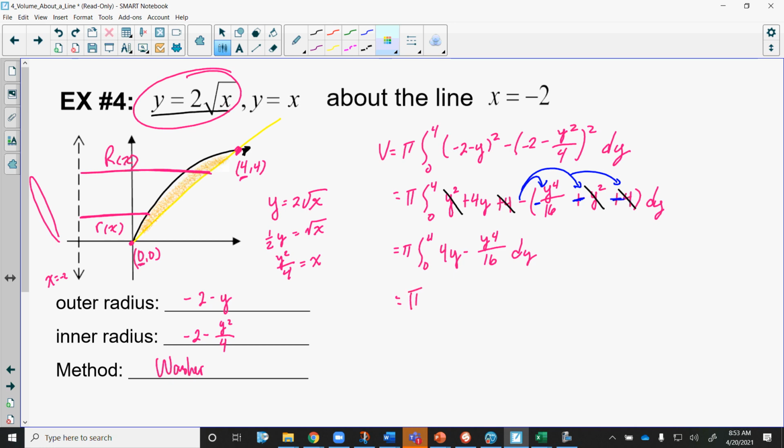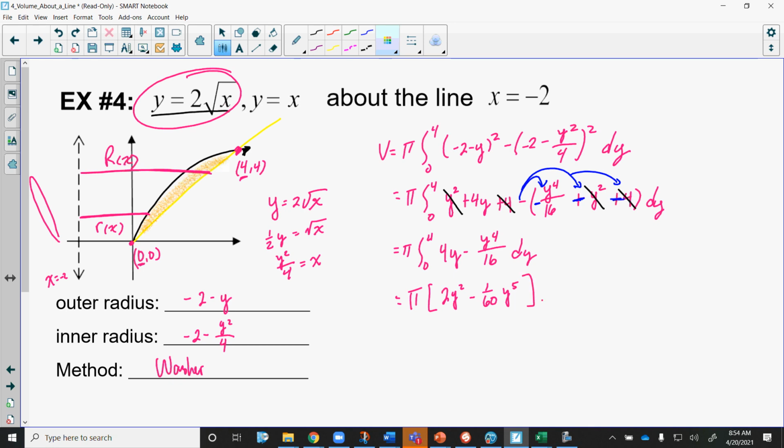The first one's not going to be a big deal. The antiderivative of y will be 1/2 y squared, so half of 4 will become 2y squared. Then we're going to have a reciprocal of 1/5 here, so 5 times 16 is going to give me 1/80th y to the 5th power.